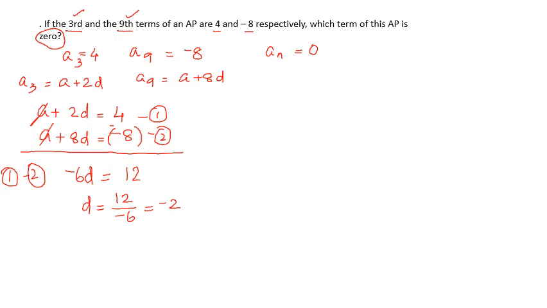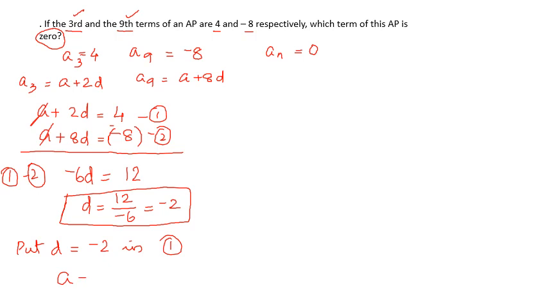Now you got D. Next step, what is the next step? Finding A. Which equation do you want? First equation. D equal to minus 2 in first one. What do you get? A plus 2D equal to 4. A plus 2 into minus 2.